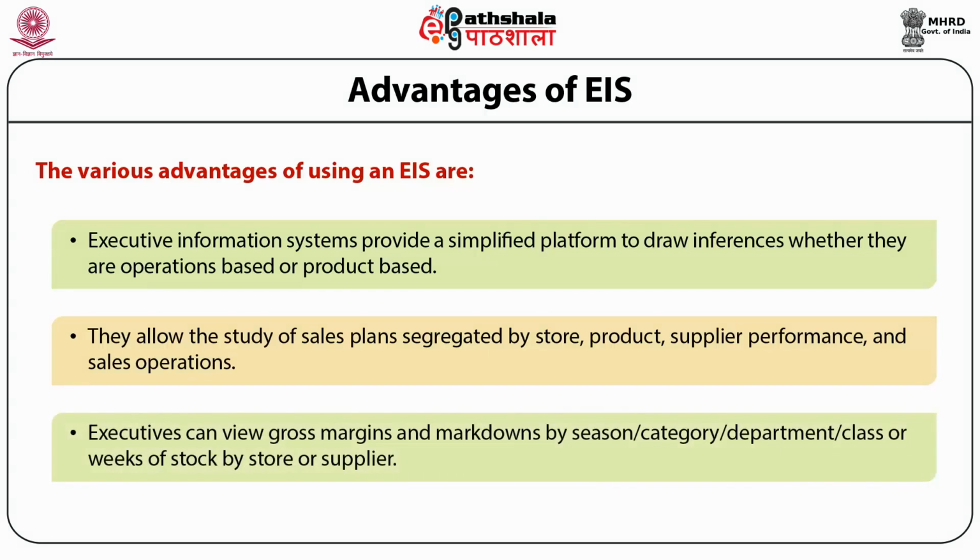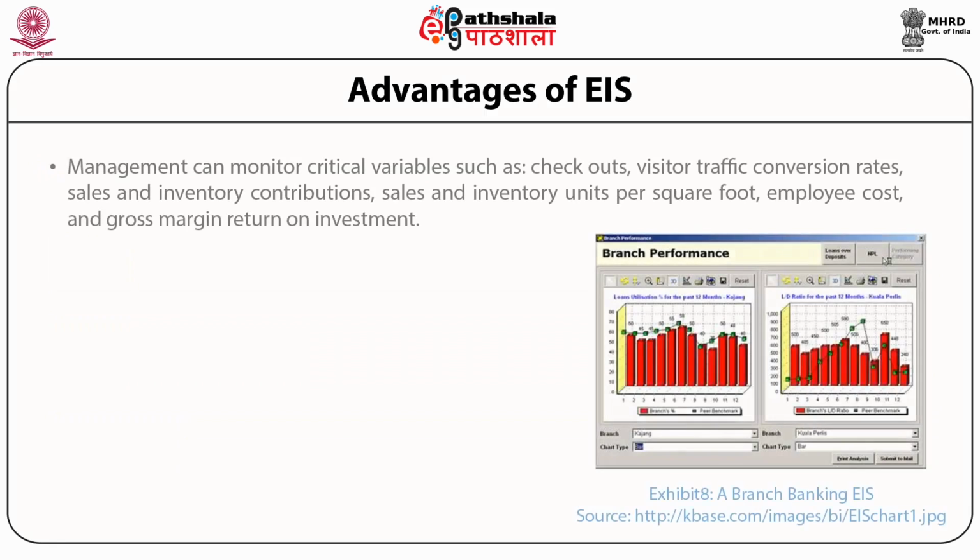Executives can view gross margins and markdowns by season, category, department, class, and weeks of stock or store by supplier. Management can also monitor critical variables like the checkouts, visitor traffic conversion rates, sales and inventory contributions, sales and inventory units per square foot, employee cost and gross margin, return on investment.